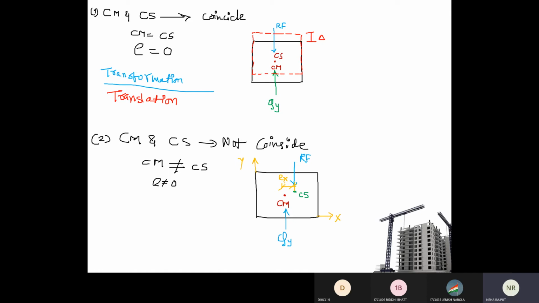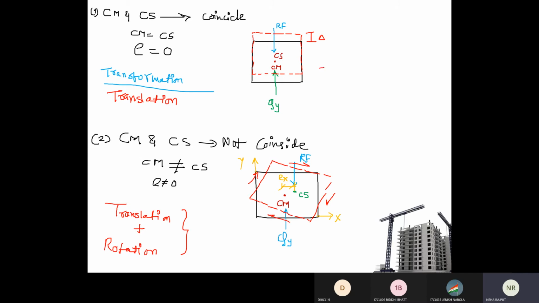Now due to this kind of situation, not only translation type of deformation will take place, but translation plus rotation also. Right, so these two deflections or deformations will take place in your building, and the movement of your building will be like this. Means you have translation and you will also have rotation. Right.